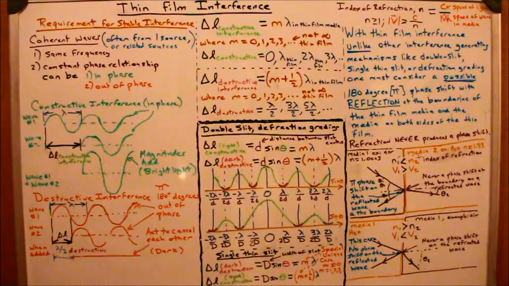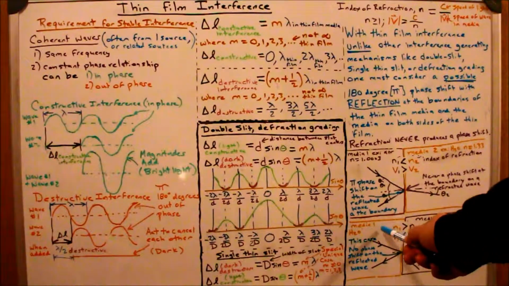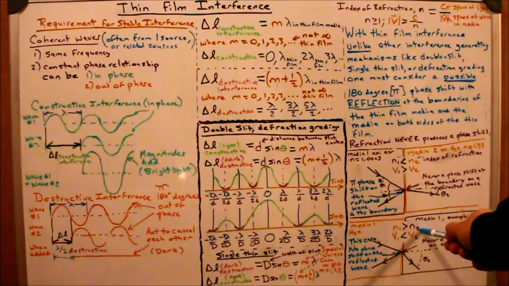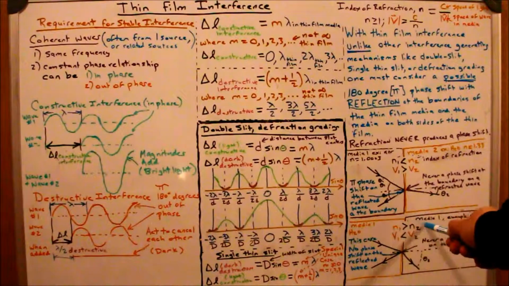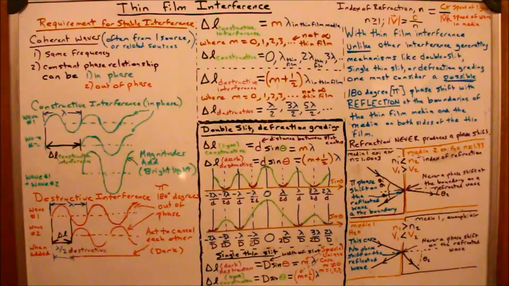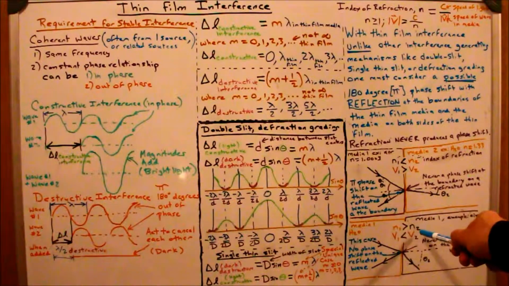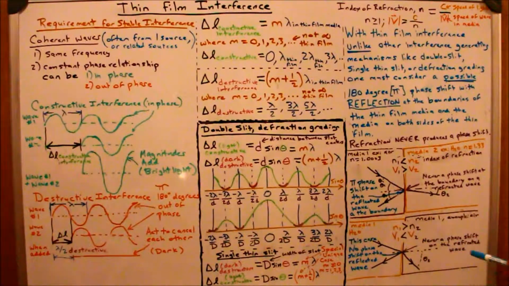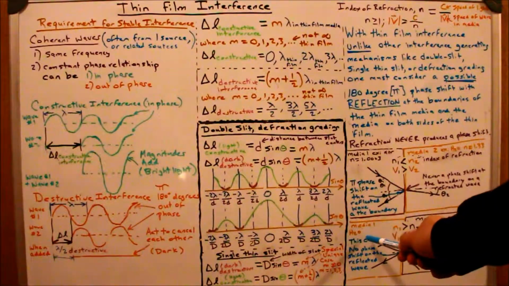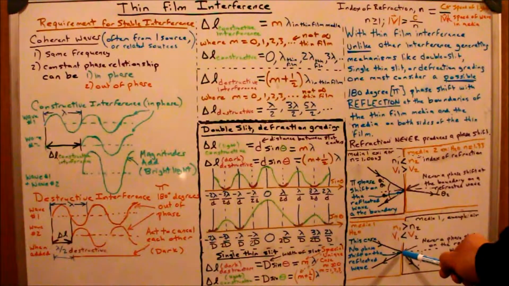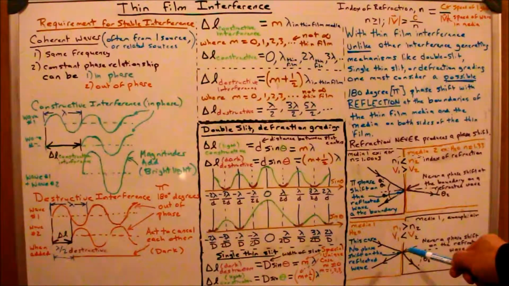Now the opposite case happens when I'm in a media that already has a higher index of refraction than the second media. So for example, in water, it's coming to air. I'm in the low velocity media, and then I'm going to the media that has the higher electromagnetic wave speed. In this case, again, I have this wave coming in, and the refracted wave never changes phase.